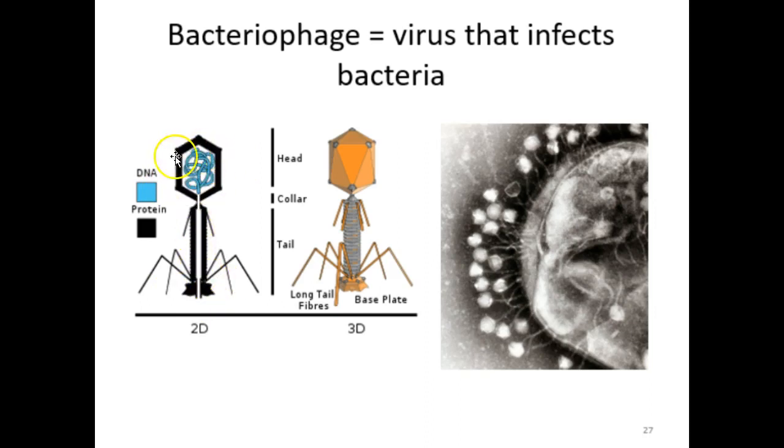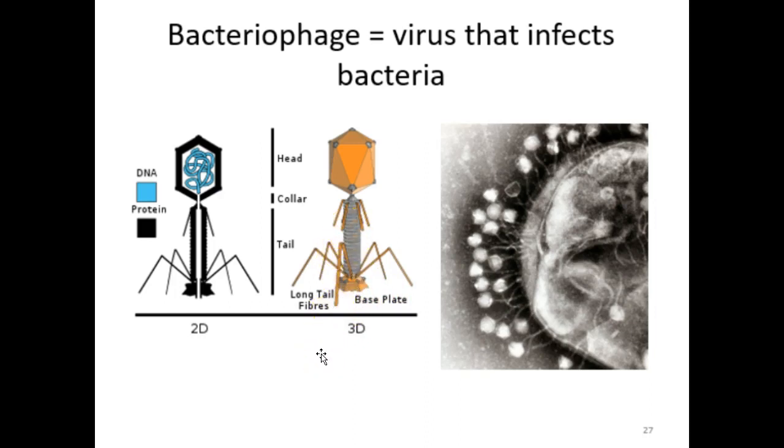The blue is showing us where the nucleic acid found within phage, most commonly DNA, is located. This coating is called a capsid, and it's made out of proteins, repeating units of the same identical protein. This area is called the collar, and this area is called the tail. And the tail contains what's called a base plate and tail pins or fibers.